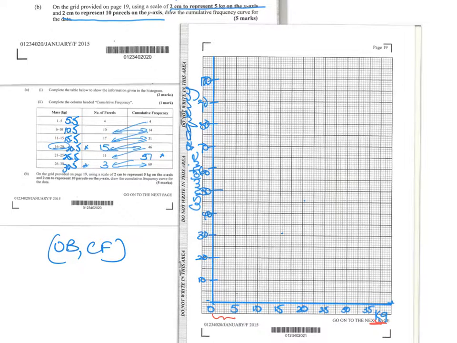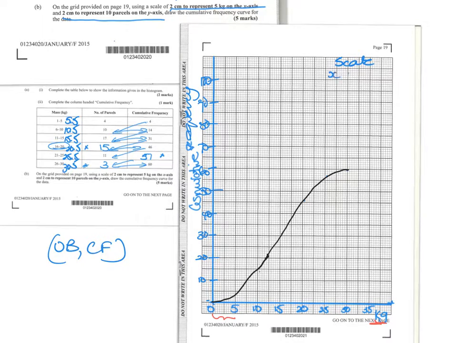25.5, 57. And then we look for 30.5, 60. Of course we start at 0, 0, and we draw a smooth curve to get our cumulative frequency curve. Of course, to get full marks, we are also going to put in our scale.